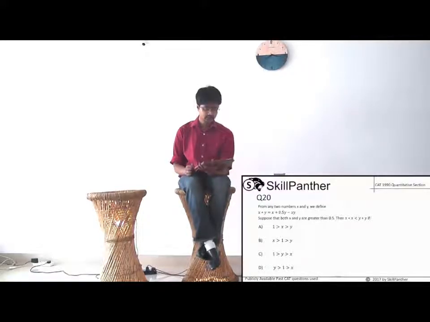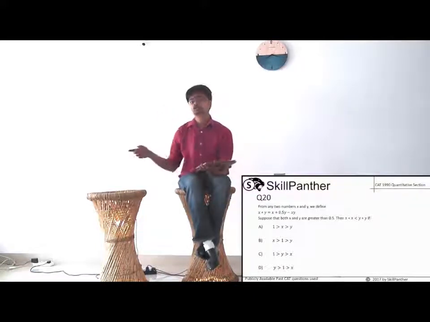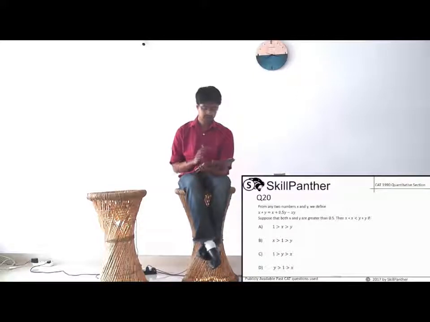Okay, I have that in B, and y is always less than 1. So what will happen? y will go up above 0.5 and come back down to 0.5 at y equal to 1. And we have been given here y is always going to be less than 1, so y will now be constrained to being between 0.5 and 1. At y equal to 0.5, the answer is 0.5.